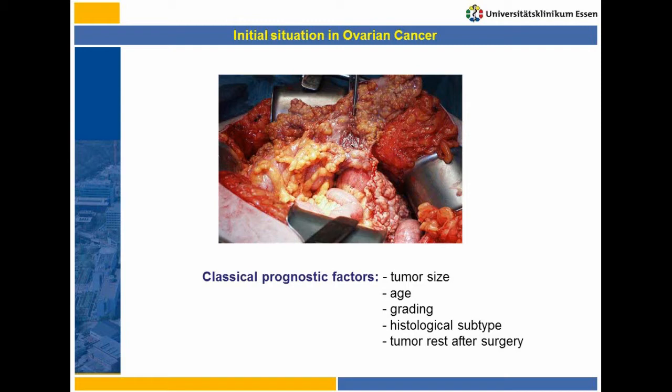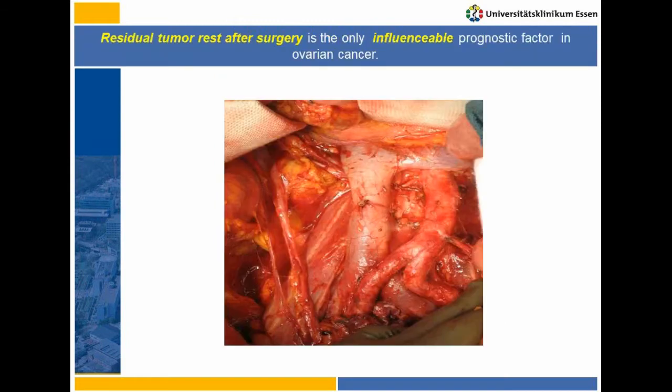And so this is the image after surgery. This is a complete tumor resection, and this is the main goal in ovarian cancer. And this residual tumor rest after surgery is the only influenceable prognostic factor in ovarian cancer.